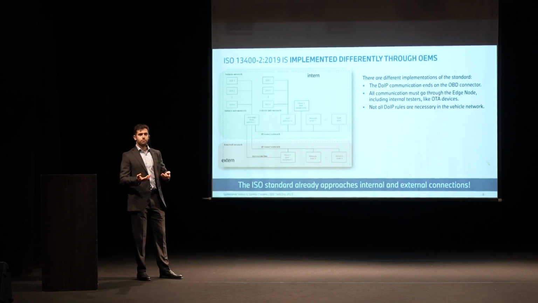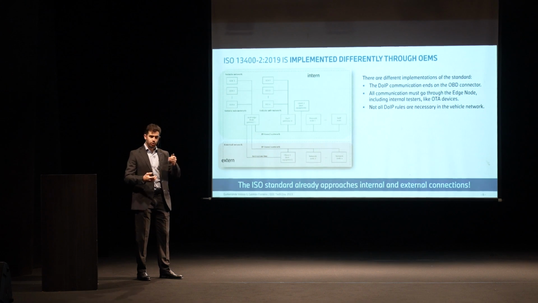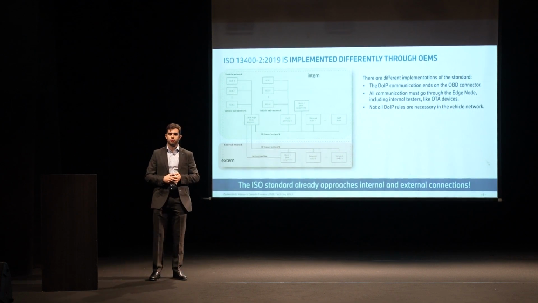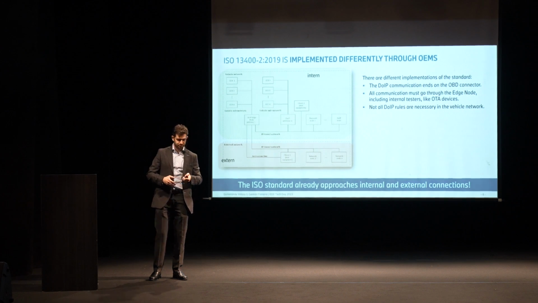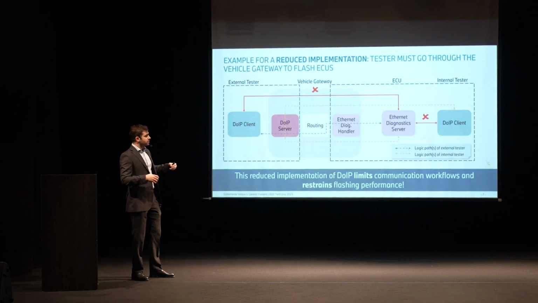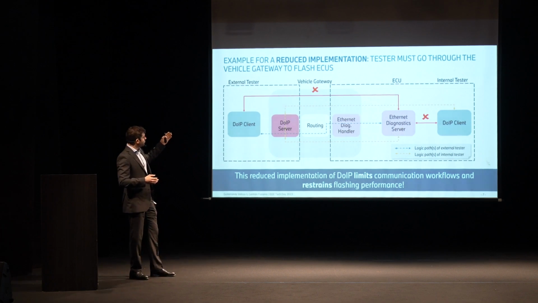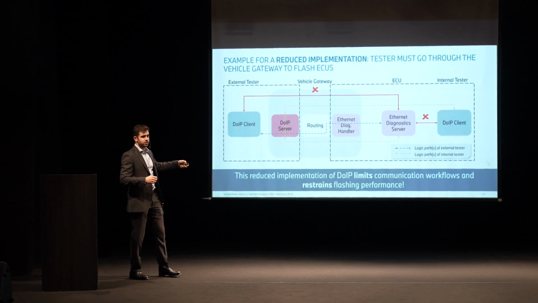However, we at BMW would like to remark that the DoIP protocol is already considering those internal and external connection use cases. And we think that it has some advantages, and I will guide you through this. So here in this slide, this represents a reduced implementation of the DoIP protocol, in which the tester must always go through the vehicle gateway to flash the ECUs.